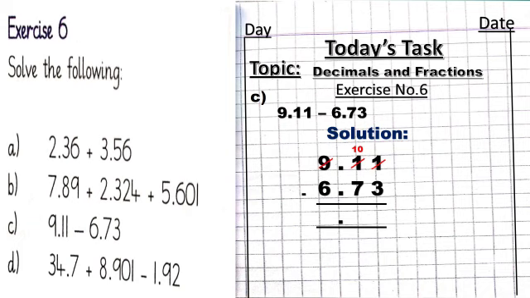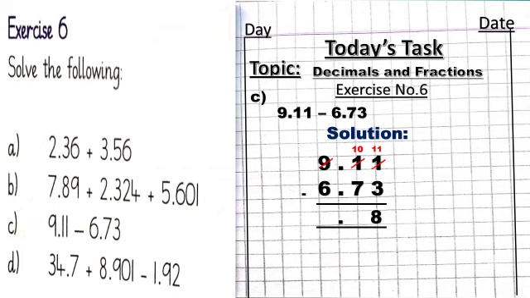Dear students, we will start subtraction from the hundredths column, then the tenths column, and then the units column. So 1 minus 3, it's not possible because 1 is less than 3. So we will borrow 1 from the next column. This one will become 11. Now 11 minus 3 is equal to 8.